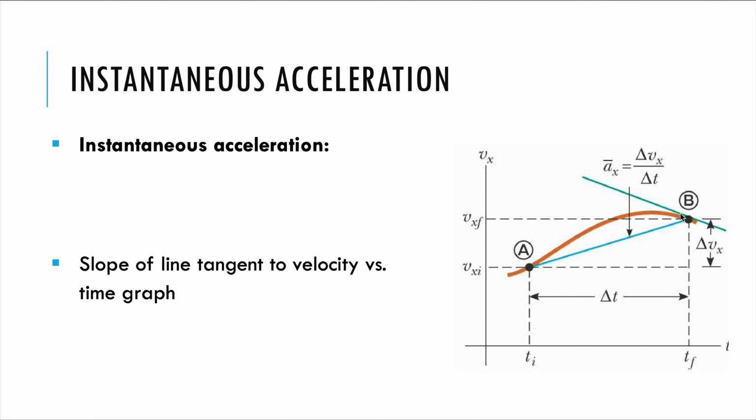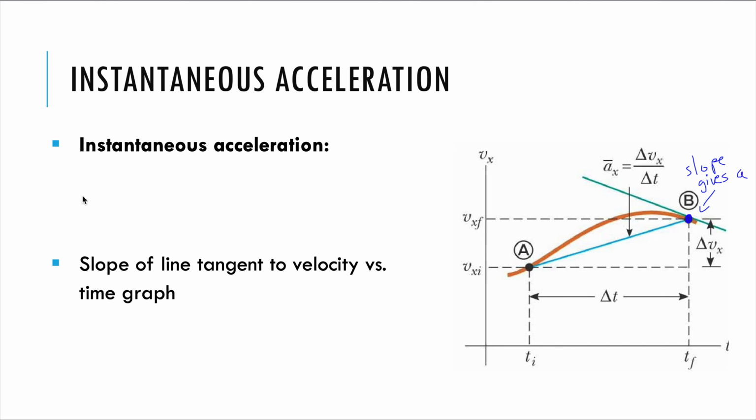But if we have this green line over here, which is tangent to point B, then the slope of this green line gives us the instantaneous acceleration. And we usually just write a for instantaneous acceleration because average acceleration has the little bar over it.